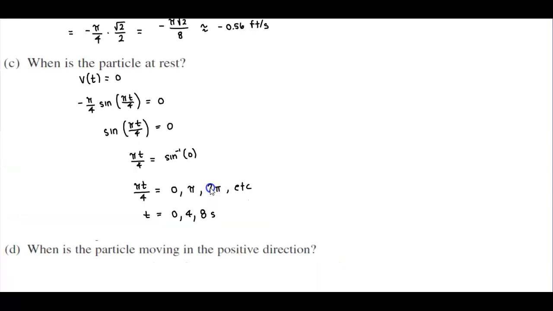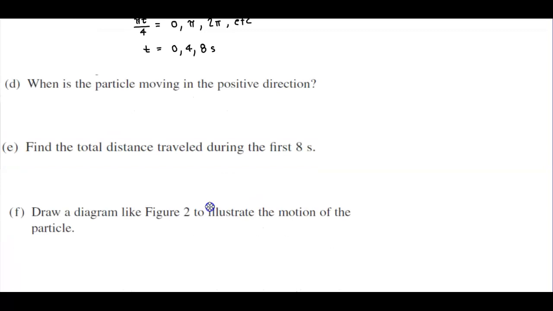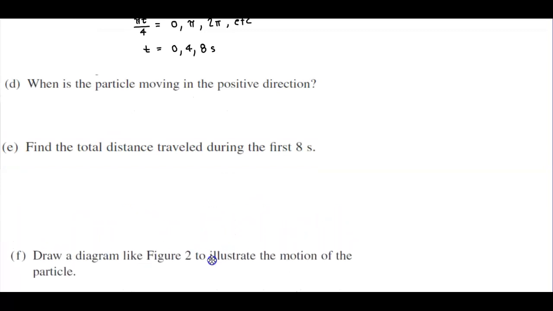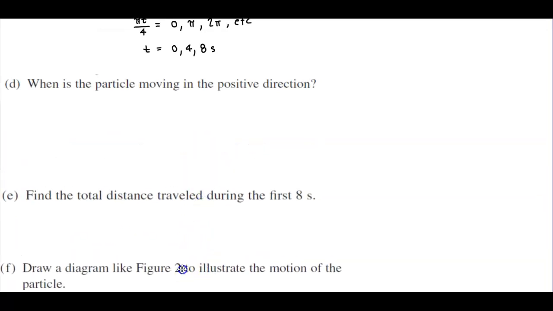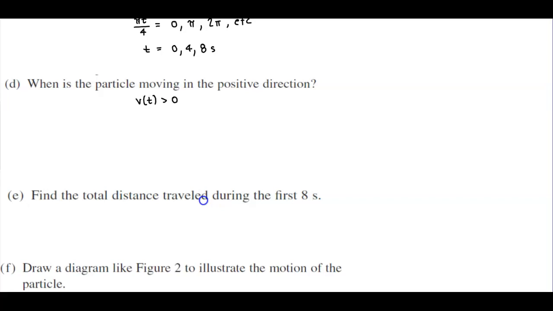So now what we want to do is figure out when the particle is moving in the positive direction. So whenever the particle is moving in the positive direction is when we let the velocity function v of t be greater than 0, which means we have negative pi over 4 times the sine of pi t over 4 greater than 0.